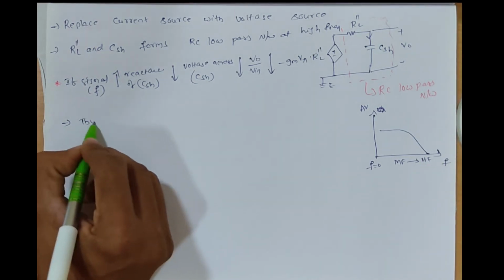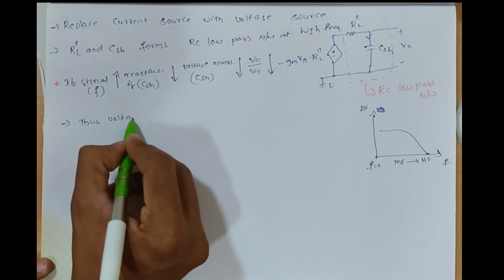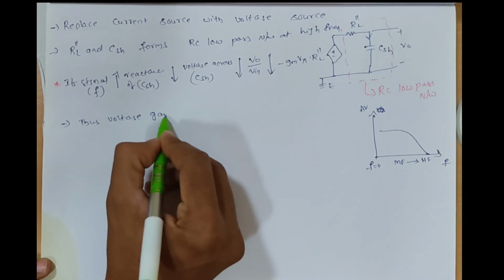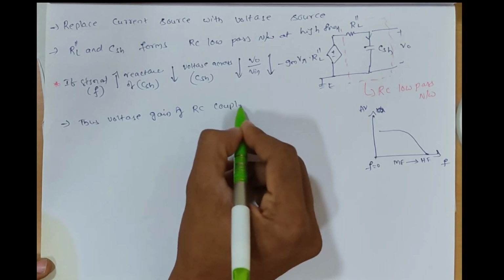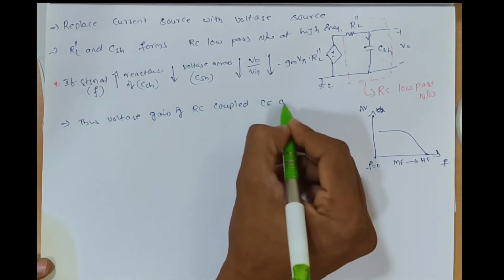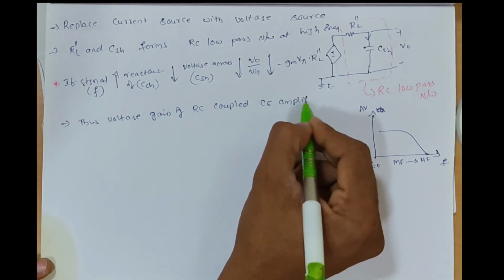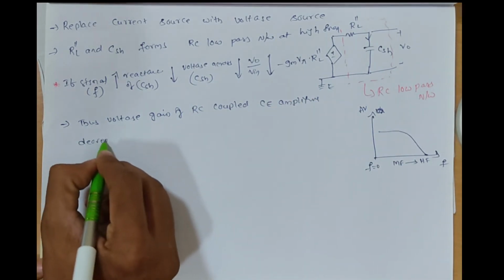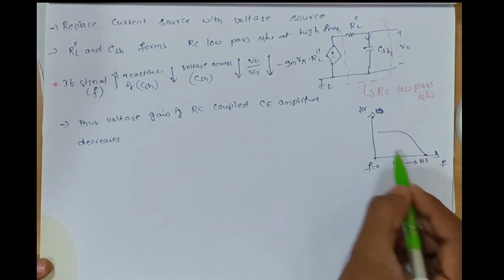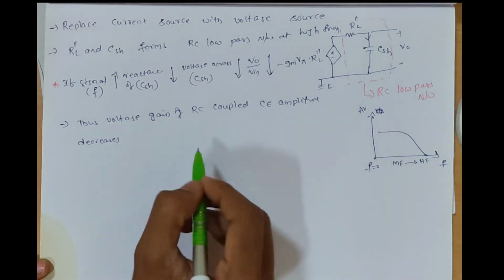Then we can write, thus voltage gain of RC coupled CE amplifier decreases at high frequencies. Yes or no? So when frequency increases, the gain will decrease.